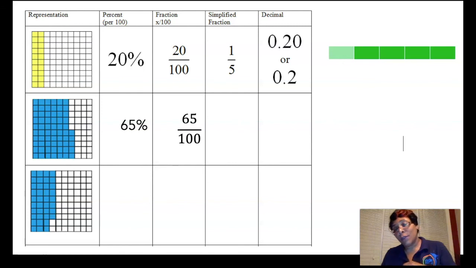If you did not write those factors of 100 down, it may be to your advantage to go backwards and write those factors down so that you will know what you can divide both your numerator and your denominator by. In this case, I'm going to divide both by 5, and it gives me a simplified fraction of 13/20ths and a decimal of 65 hundredths.